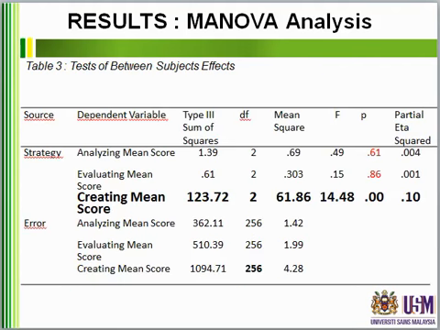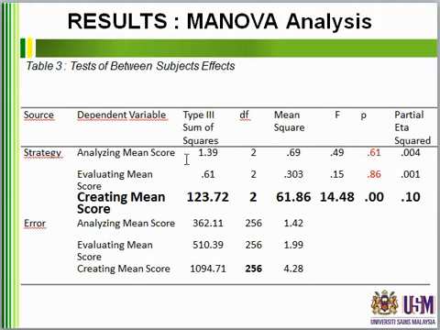The results of the MANOVA analysis also show that for the creating domain, P is 0.001, F is 14.48, and this is significant.